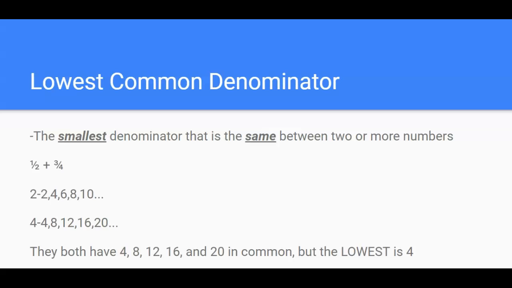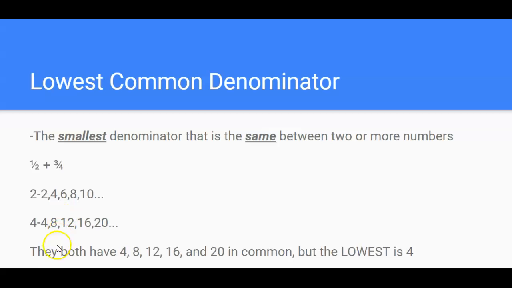If I'm adding 1/2 plus 3/4 and I find my lowest common denominator, chances are I will not have to simplify later on, which means there's one step I don't have to do. So it's kind of like either I find my lowest common denominator or I have to simplify later. One of those steps has to happen, and once you practice a little bit, you can decide which one you like. I personally like lowest common denominator because then I don't even have to think about simplifying later.